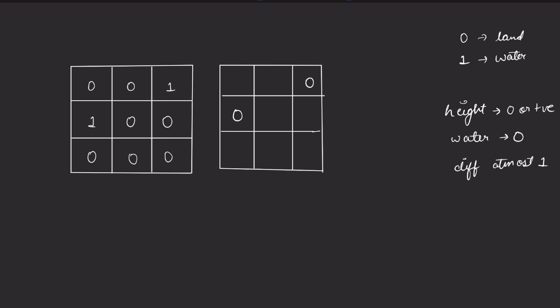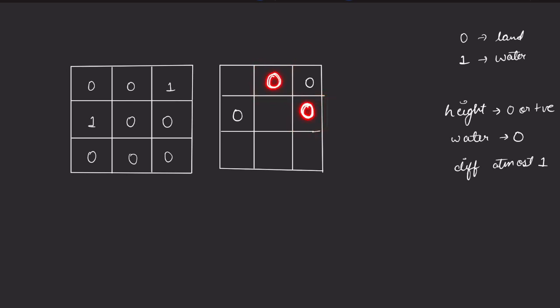So it is mandatory that the water cells have a height of 0, and the difference in the height of any two adjacent cells is at most 1. If I consider this cell, then the cells adjacent to it are this particular cell and this particular cell. One option is that I give the height 0 over here.